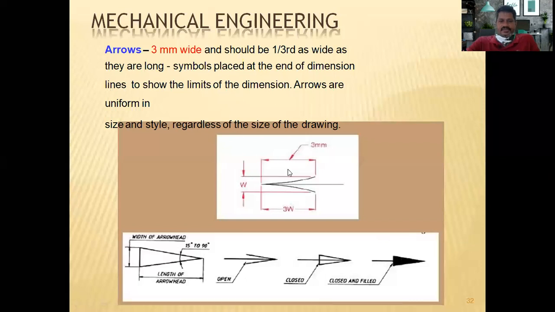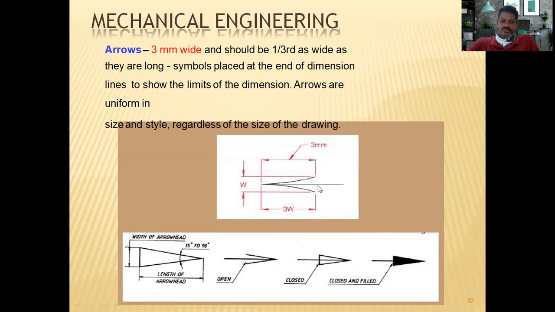As I said just now, the ratio of the length to the width of the arrow is 3:1. So when we take the length as 3, the width should be 1. If it is 6, the width should be 2 millimeters. If the length is 6, the width should be 2 millimeters, like this.